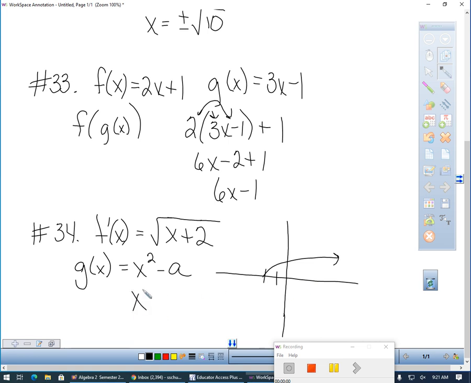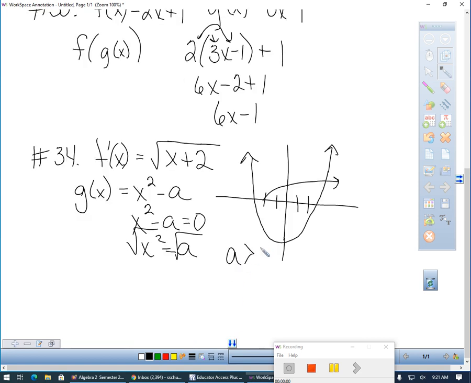So, for example, if I have x squared minus a equals 0, I take x squared equals a, and I square root both sides. However many I move it down, the square root of that, it can't cross it. So it has to be bigger than plus and minus 2, right? So in order for my parabola to only cross this one time, it has to be bigger than plus and minus 2, which means a can only be greater than 4.